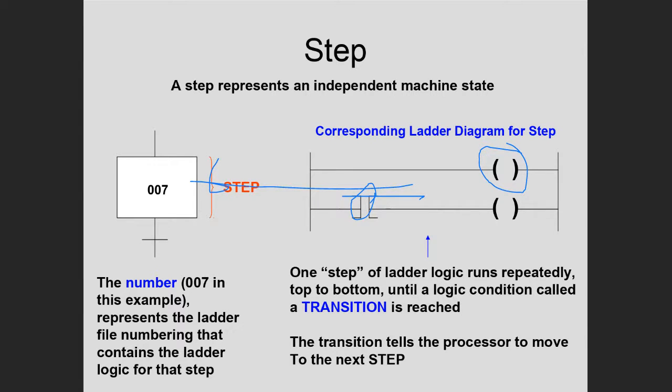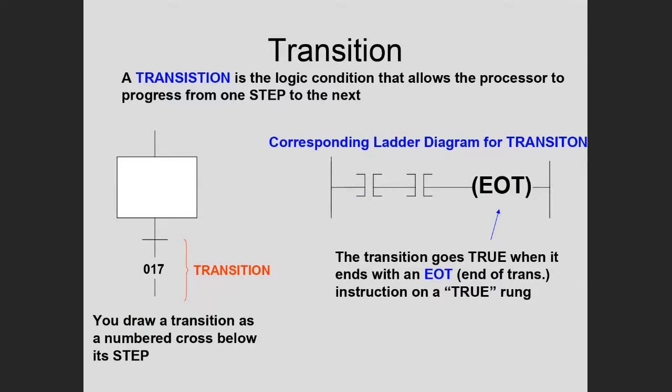and another screen would open up, allowing you to put in the transition. The transition is the code that says when it's okay, or when it's true, to go from one step to another. So you double click on this, and you'll open up another screen, and now you can put in more ladder logic to say when it's okay to transition out of this step to the next step.